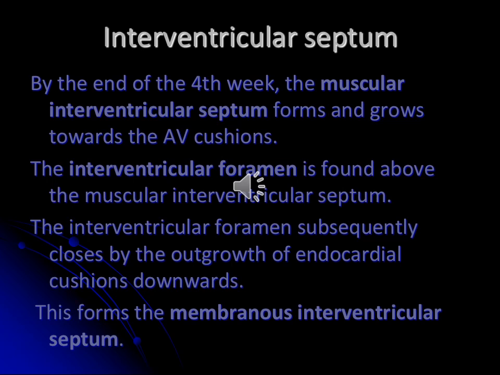It has two parts, this interventricular septum. You might have studied in your gross anatomy. One is quite bulky, which is called the muscular part of the interventricular septum. Close to the AV cushions, it is somewhat difficult to imagine the development of it, but let us keep it as a very thin portion called membranous part of the interventricular septum.